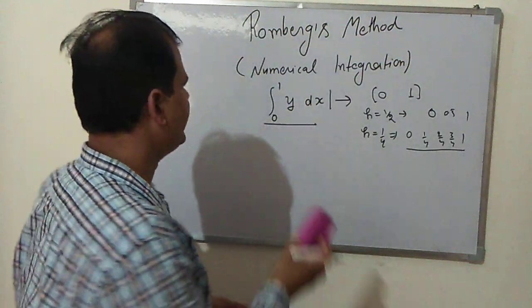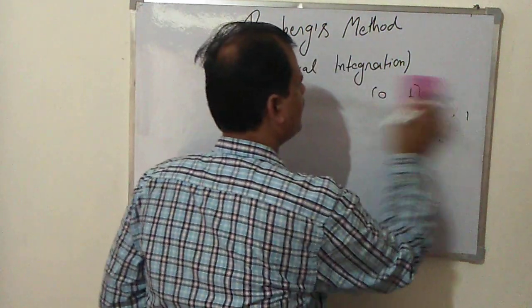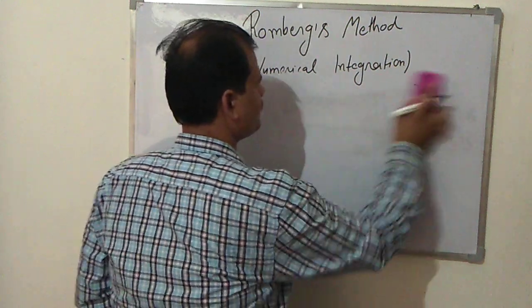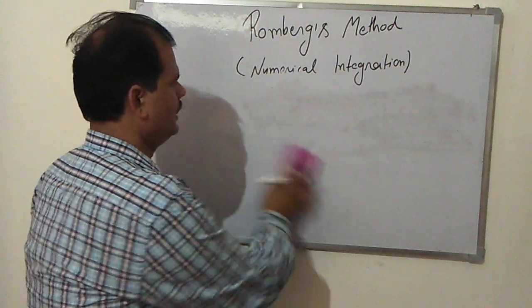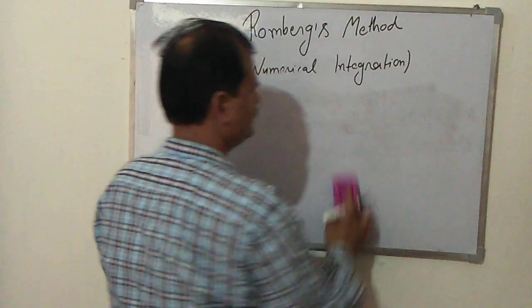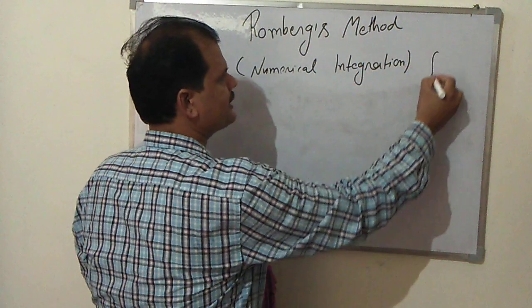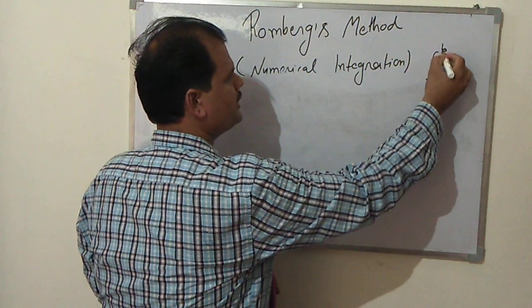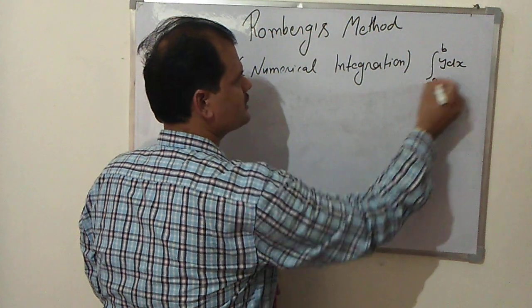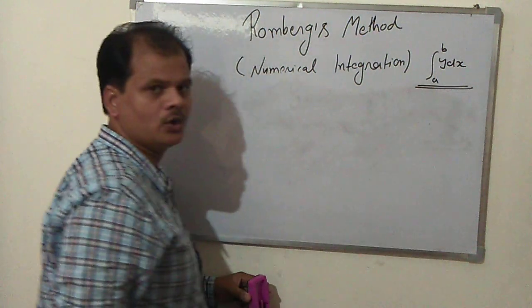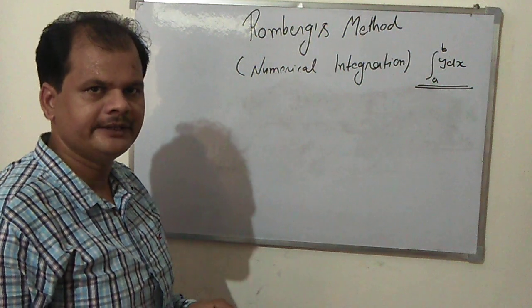So let me explain how this Romberg method works. We have the integration from a to b of y dx. Suppose for the given data set, we need to find the integral.